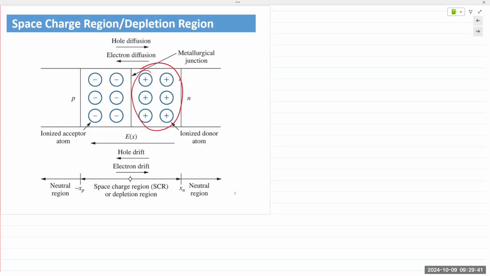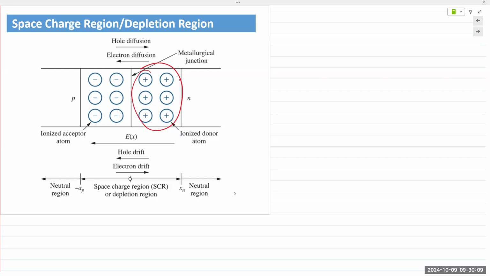Again, in the N-type material, we have an excess of electrons. These electrons were introduced into the material because we implanted the semiconductor with column 5 elements. Column 5 elements have an excess of electrons, 5 electrons in the outermost orbit. So if it's an excess electron, that electron is free to move about.